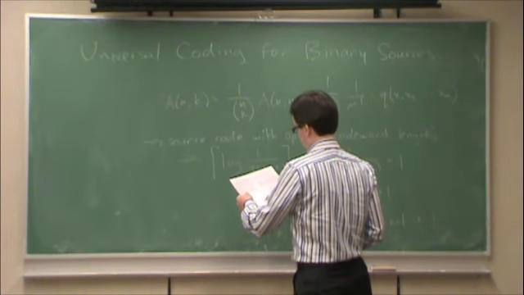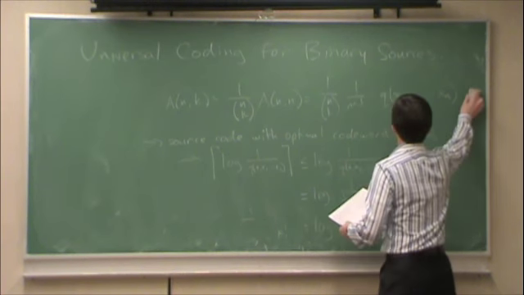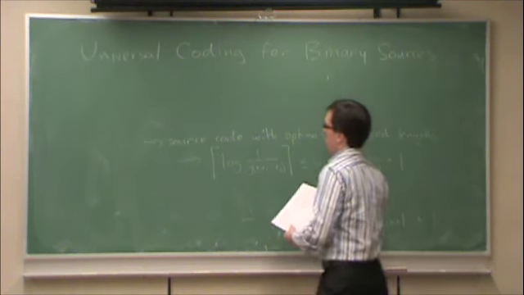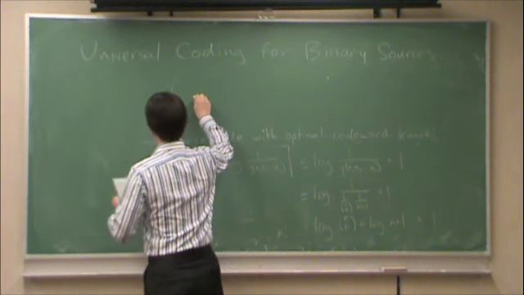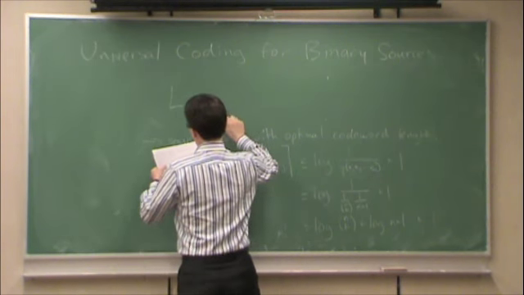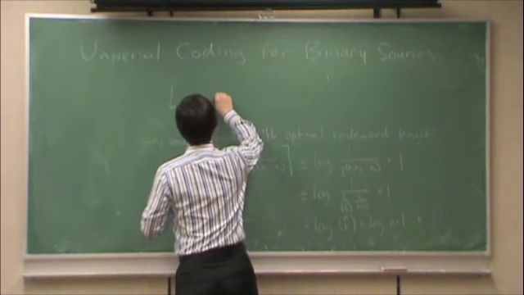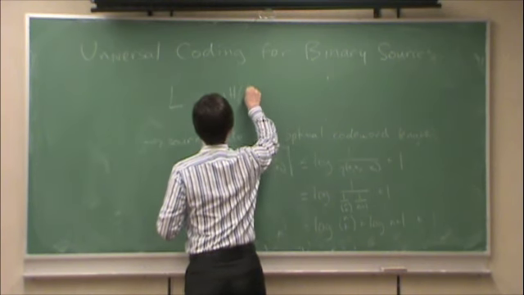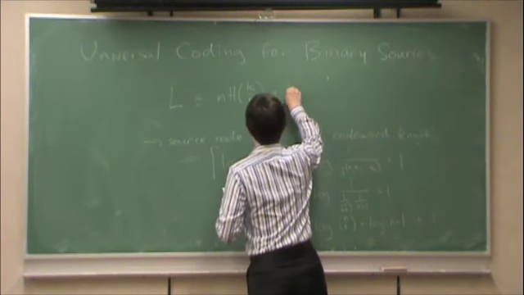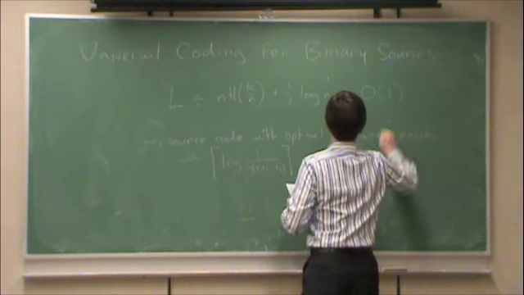So we can argue that the lengths in this case are less than or equal to n H k over n plus 1/2 log n plus something that's order 1.